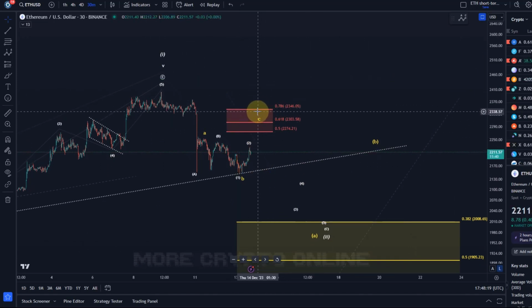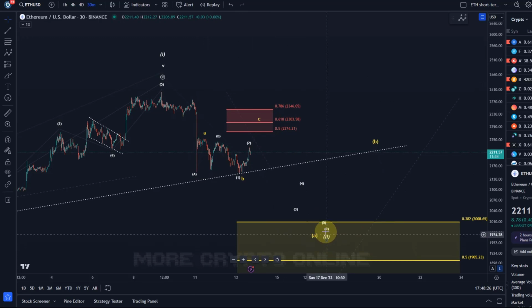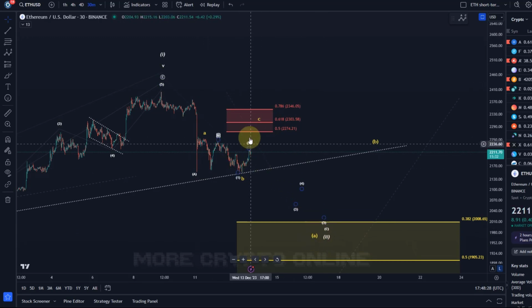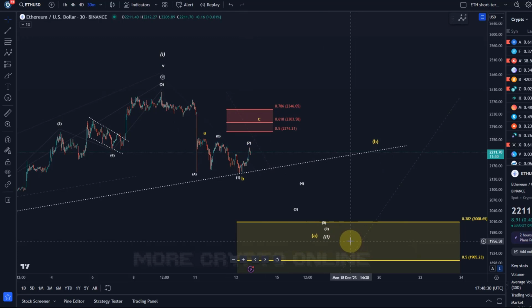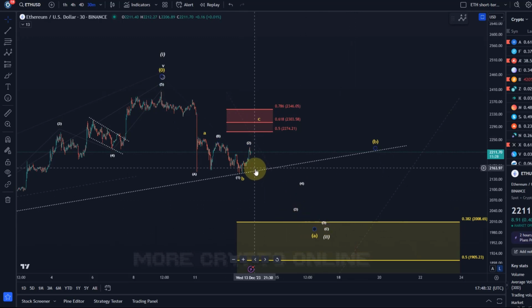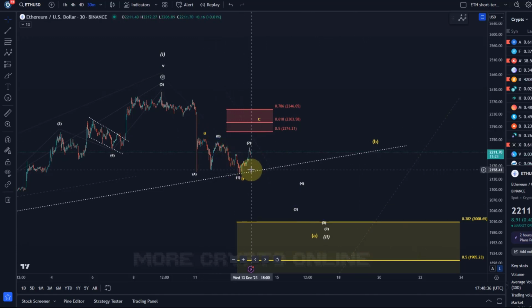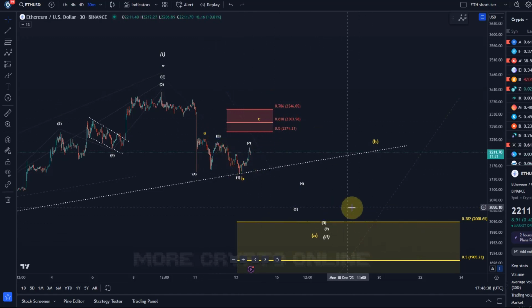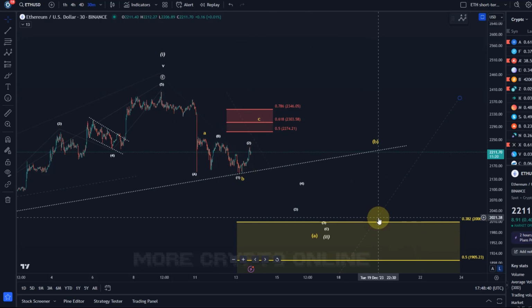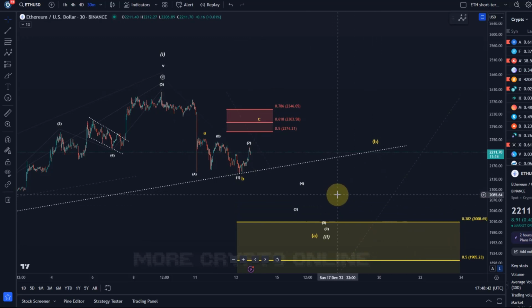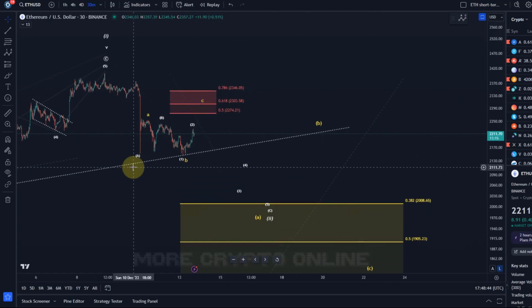As long as we stay below 2,346, the assumption of a still unfolding wave 2 correction is pretty much preferred, and overall downside is still expected. Whether the price chooses to take the motorway or the scenic route is going to be decided in a dynamic negotiation between bulls and bears. But as long as we have the parameters defined, we have clear levels to watch.